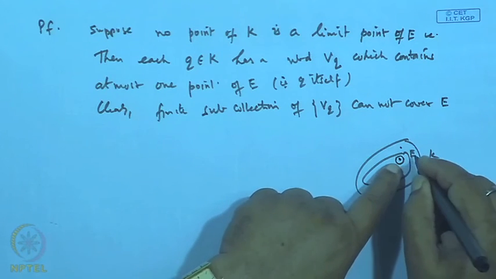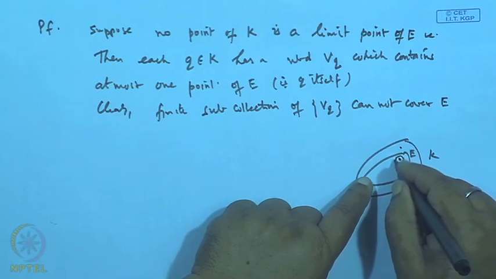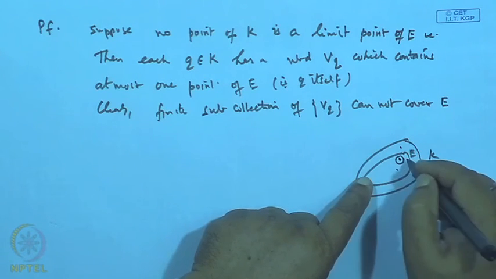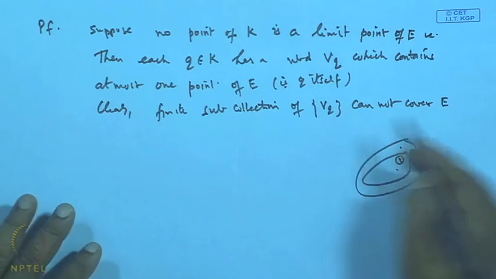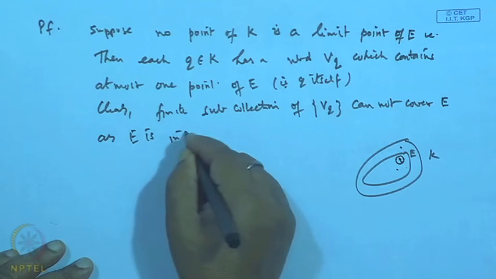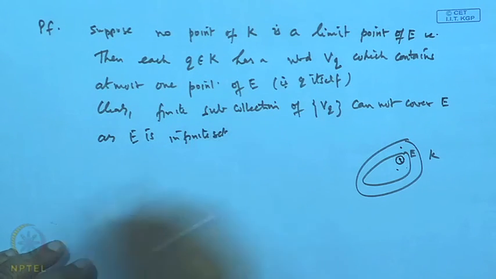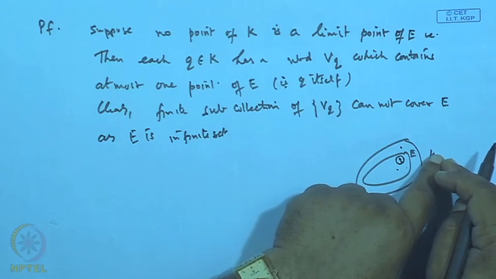But since E has an infinite collection of points, a finite number of open disks cannot cover E, because they contain only a finite number of points of E, as E is an infinite set. So if they cannot cover E, they cannot cover K.